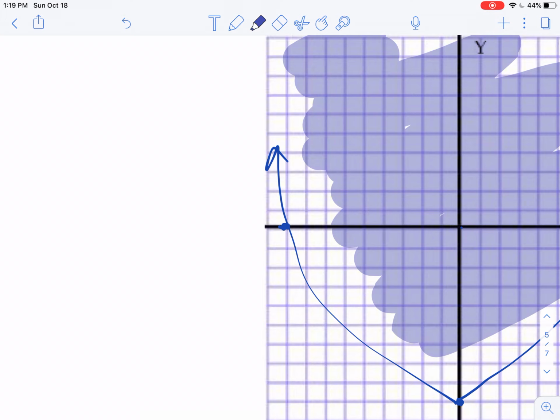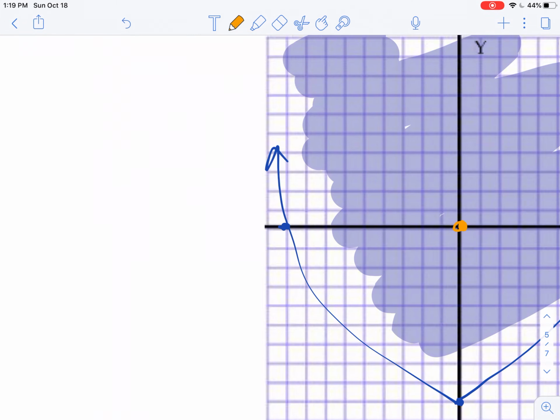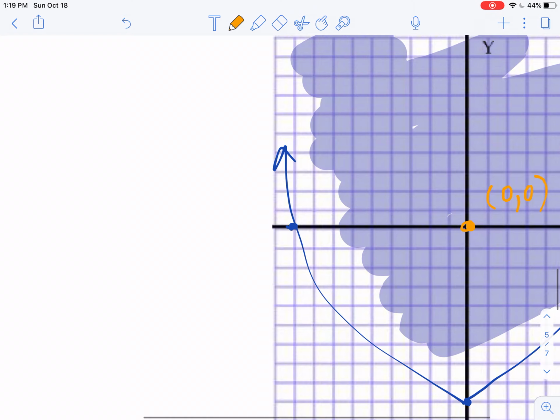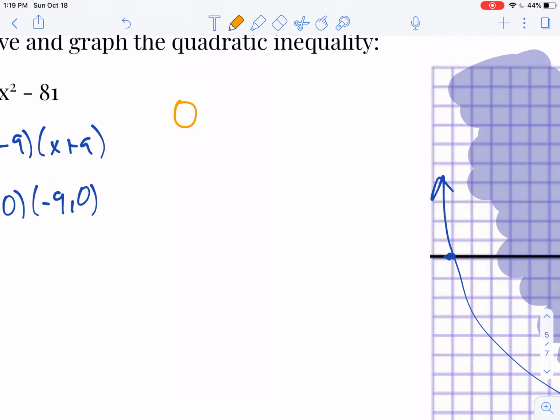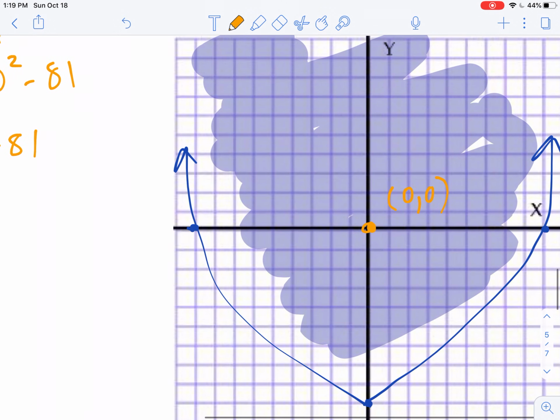We're going to make this a test point. I need to know both my x and y value here. So I'm going to plug in, okay, if the point is 0, 0, does y is greater than x squared minus 81 check out? So I'm saying if x is 0, y is also 0, 0 is greater than negative 81, this checks out. So this point 0, 0 is a point which is greater than this parabola.